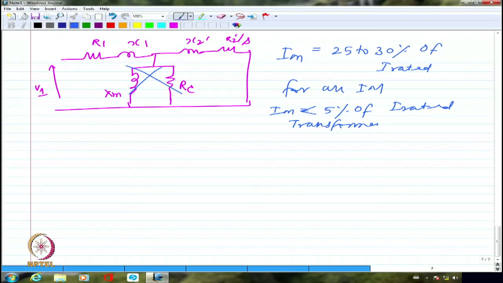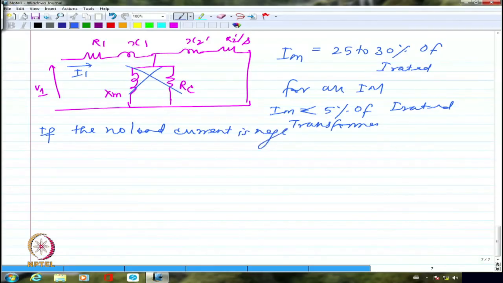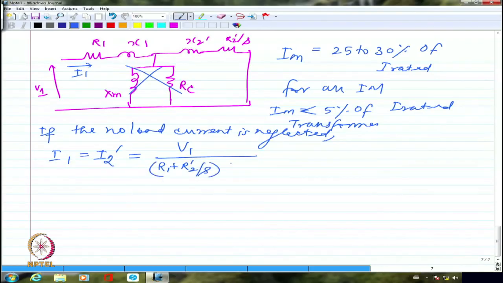So if I look at the current I1, if the no load current is neglected, I can write I1 equal to I2 dash, which I can write as V1 divided by whatever is the resistance component plus inductance component.